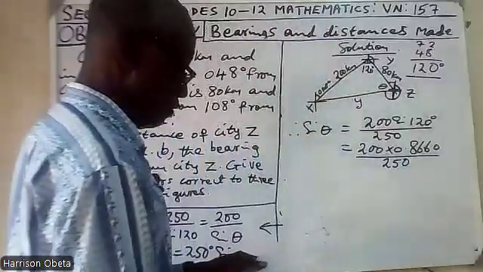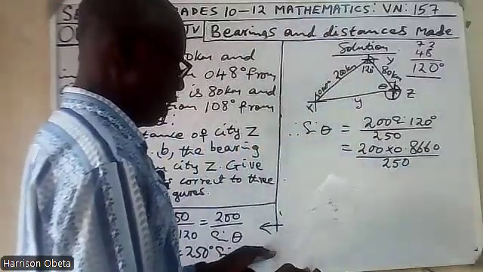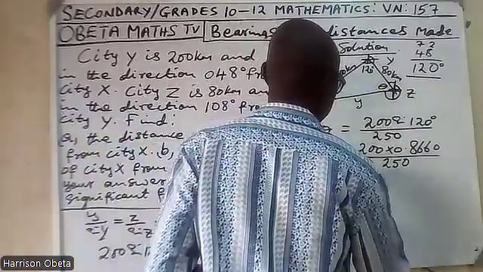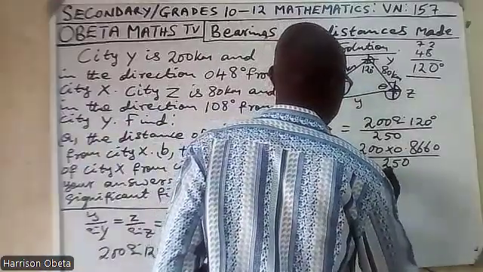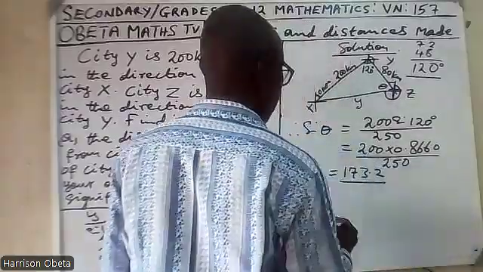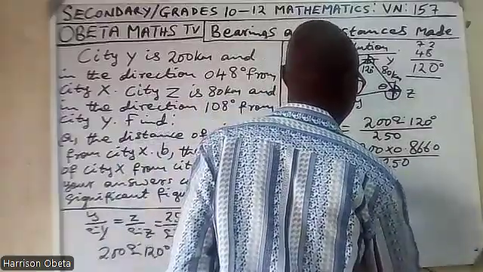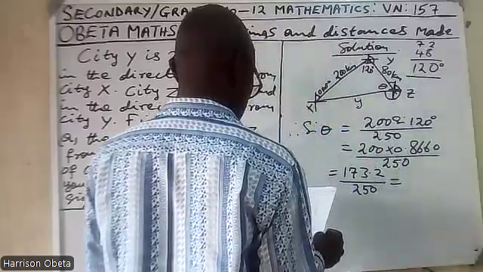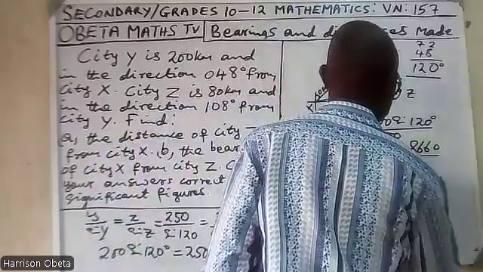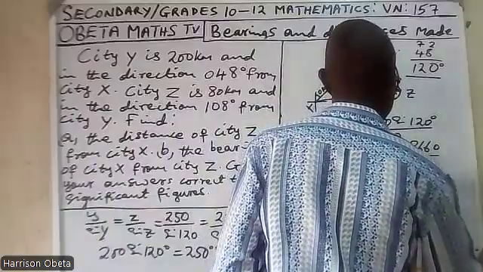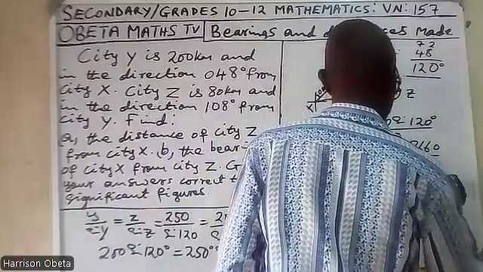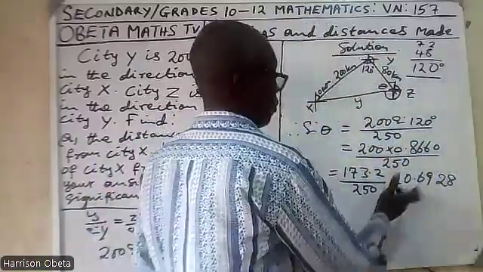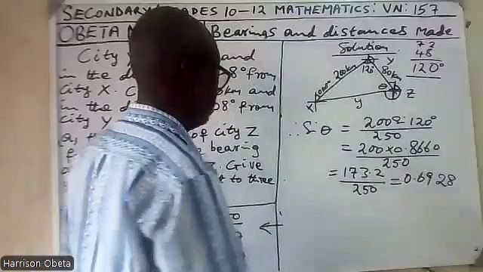That gives 173.2, divided by 250, and that is 0.6928. So we have to find the particular angle.